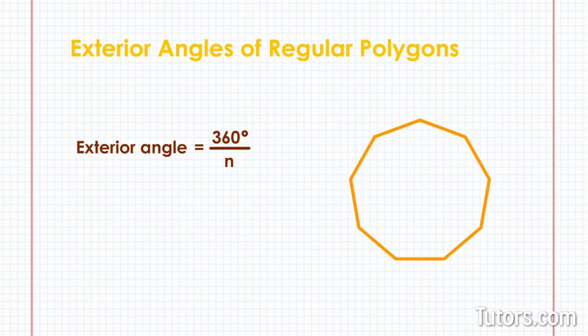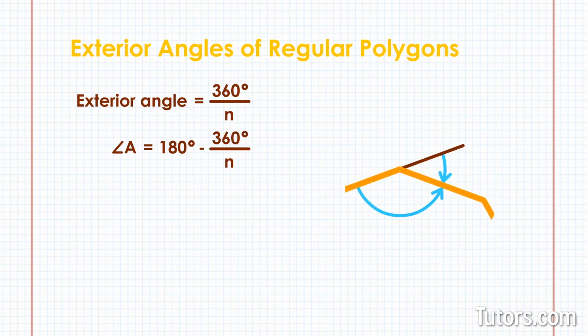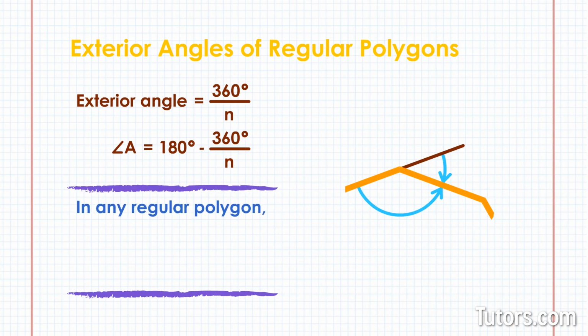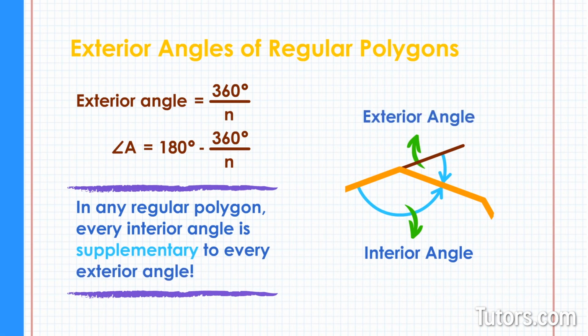Look back at the second version of the formula for finding interior angles of regular polygons, which we wrote as angle A equals 180 degrees minus 360 degrees divided by n. Now, you can see that the two formulas make sense together because one finds the supplementary angle of the other. In any regular polygon, every interior angle is supplementary to every exterior angle.